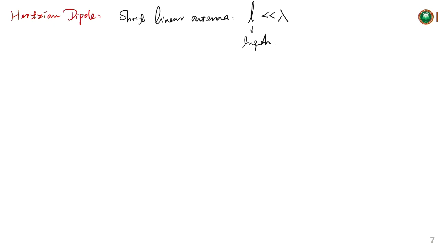The conductive current is really the time varying current. It can be expressed as I(t) equals the magnitude I naught times cosine omega t. It's a very simple condition, where I naught is the amplitude and omega is the angular frequency.